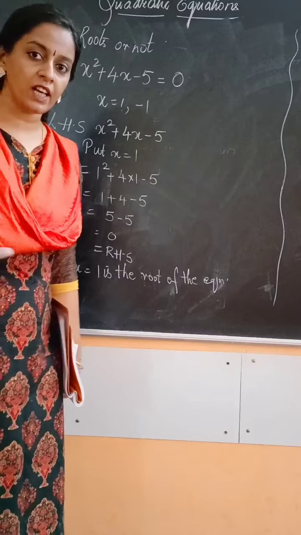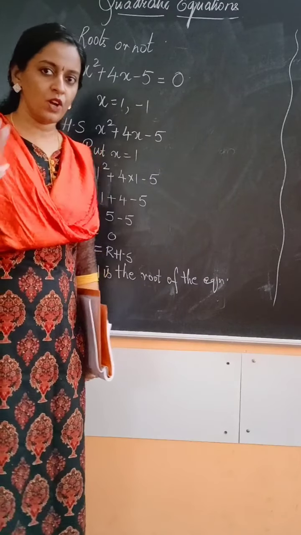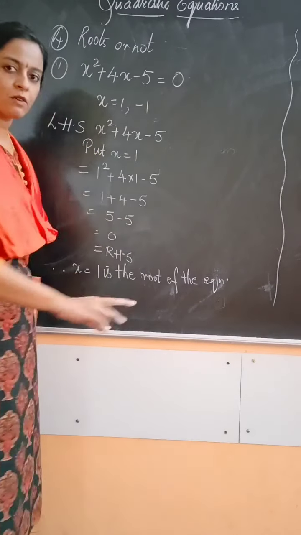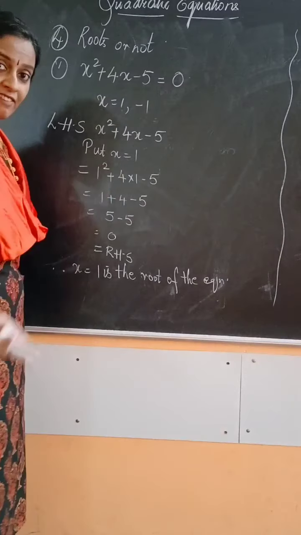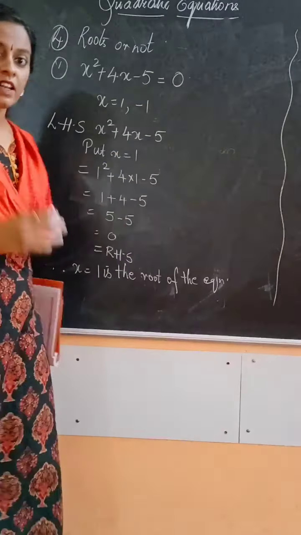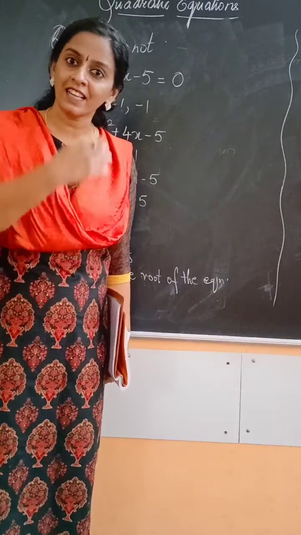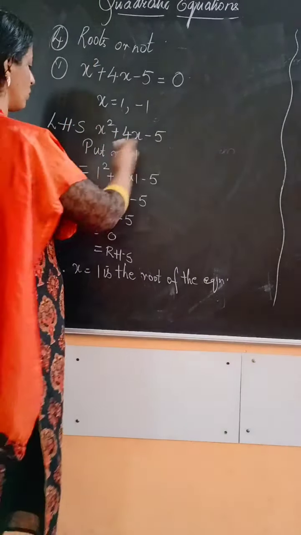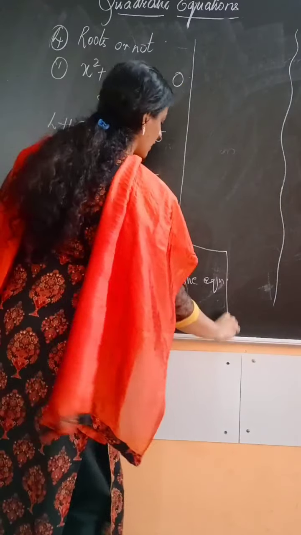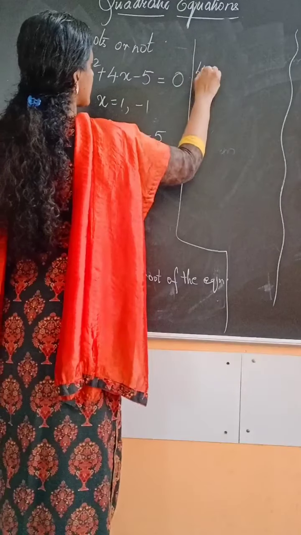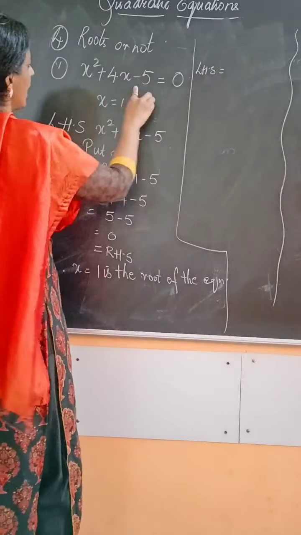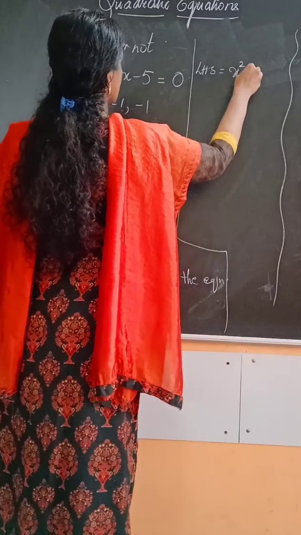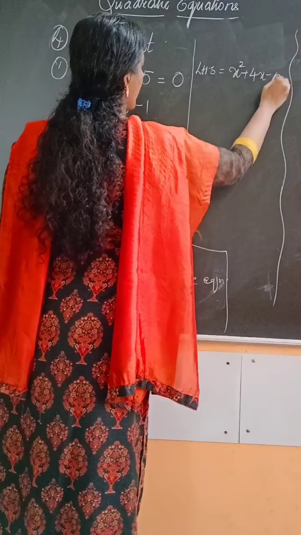Remember, every quadratic equation has two roots. So one root, yes, it is x is equal to 1. The second value they have given is minus 1. Let us put minus 1 and check whether minus 1 is also a root of the equation or not. Same way, next you will copy LHS: x square plus 4x minus 5.